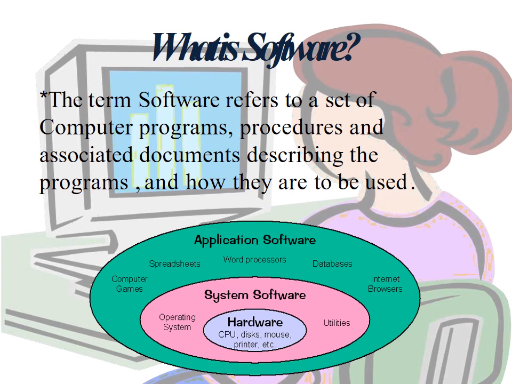Now I have mentioned a few examples of application software. Computer games which you usually play, spreadsheets, for example MS Excel, word processor, for example MS Word, databases, internet browsers, Google Chrome, Mozilla Firefox, etc. Now examples of system software or types of system software are operating system and utility software, which we'll discuss in this virtual class today.